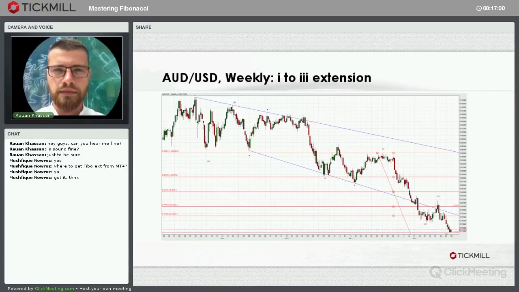I think the best explanation comes from the live explanation. So I switch back to my desktop and we'll switch to AUD to USD. And you will see Fibonacci extension once again, how it's made up live.